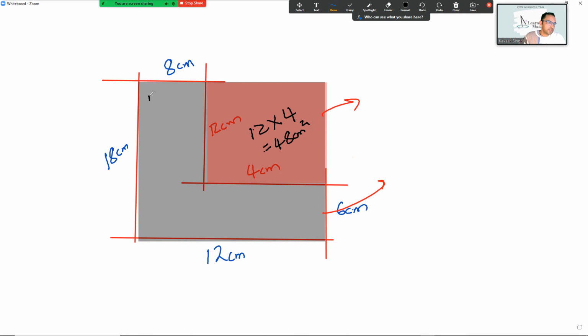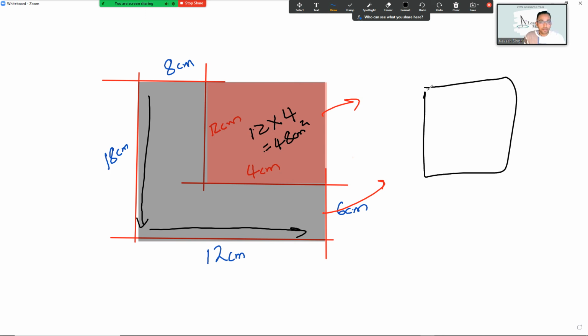Then I've got this length over here, which is 18 times 12, and that's the big area. So if I've got the big area, what am I actually doing?